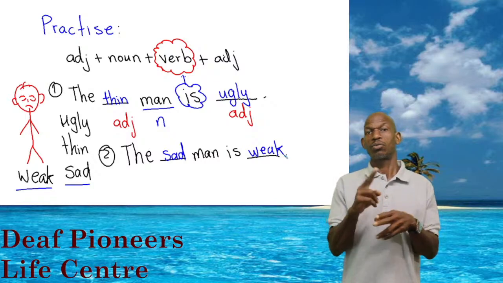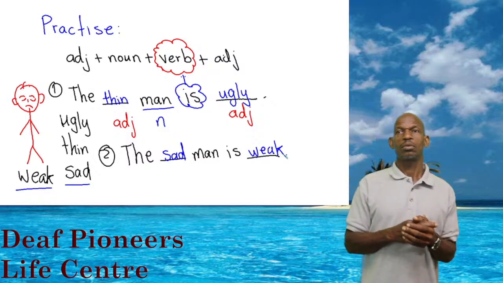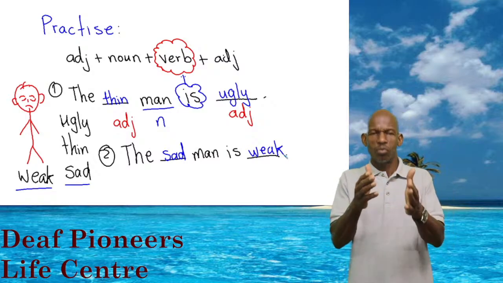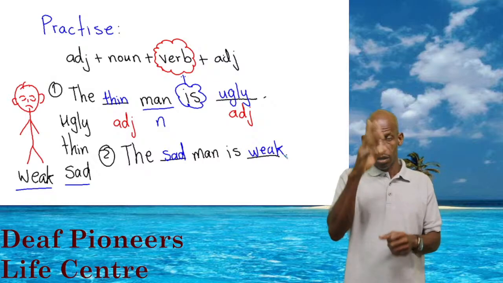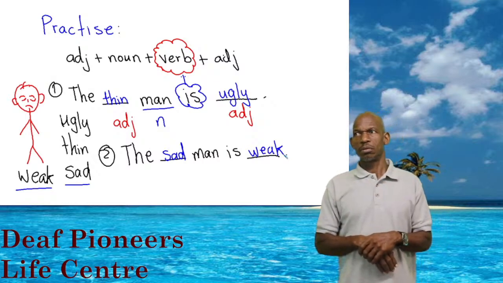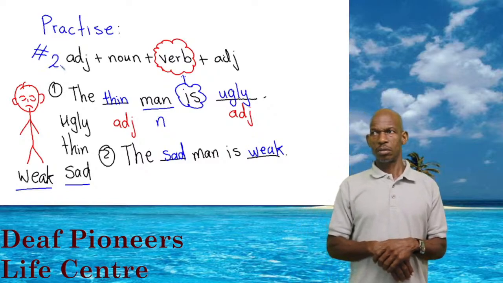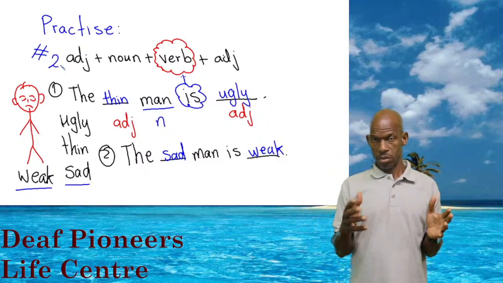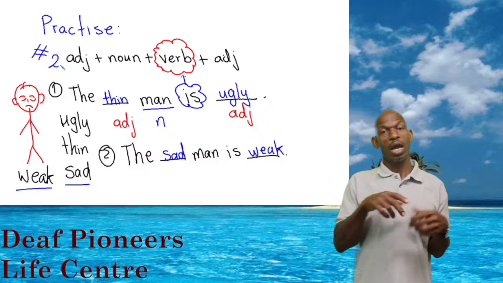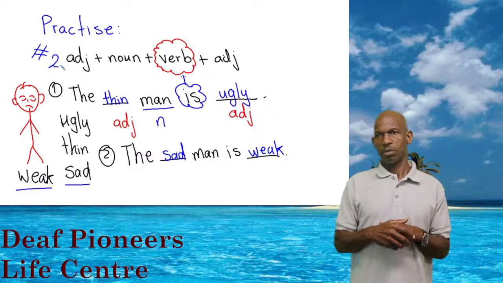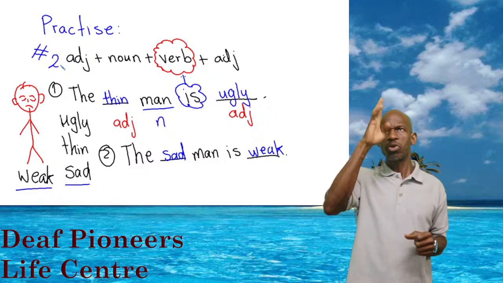And I don't want to go on too much with this, because there are so many sentence structures you can make. So this is the second one we used from last week. It was a different one. So this is number 2 we're using, where we had the adjective, the noun, the verb, the adjective. So this is how you make different types of simple sentences.